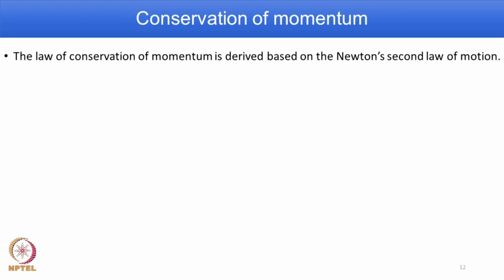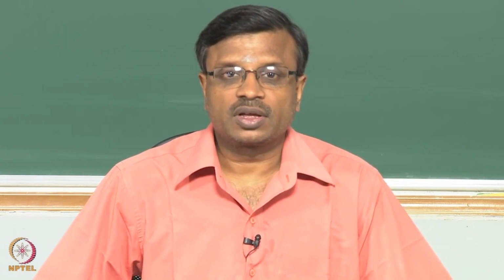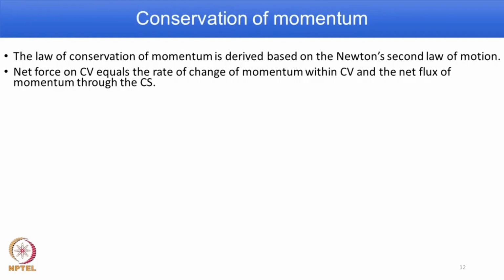So, the next equation: we said we will do 3 equations, conservation of mass, conservation of momentum and conservation of energy. The second important equation is conservation of momentum, which is based on Newton's second law of motion, F is equal to ma. Like we did for conservation of mass, here also we need to consider an elemental volume, find out the net force acting on the control volume, and then the net momentum flux crossing the control volume.